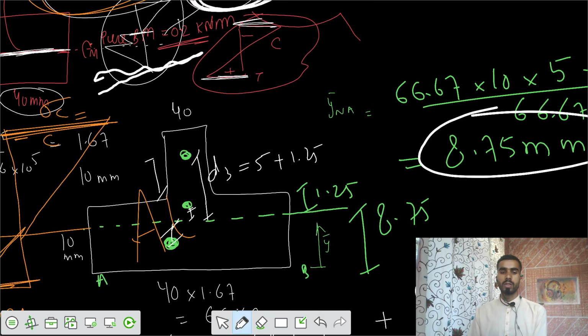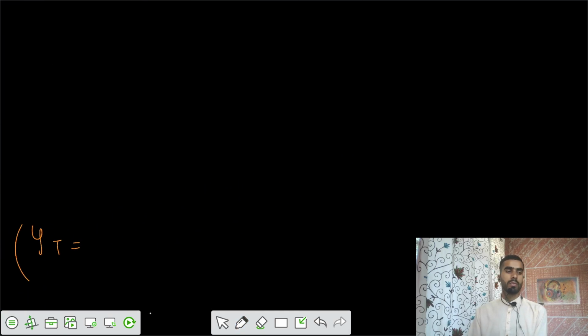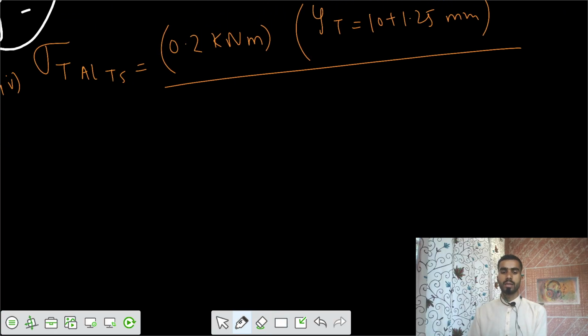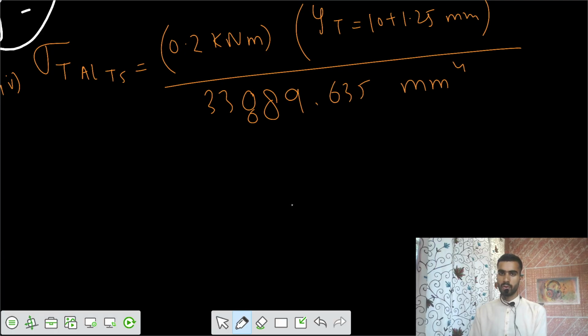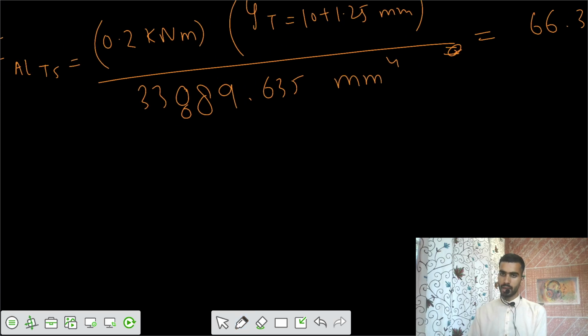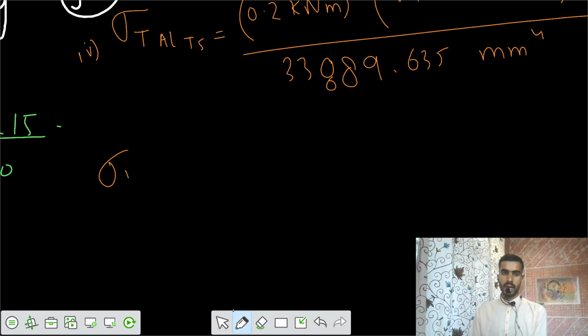The value of y top, from the neutral axis, is 10 plus 1.25 mm, divided by I neutral axis, which equals 33889.635 mm^4. So finally you got the stress at the top in the aluminum in the transformed section equals 66.392 megapascal.